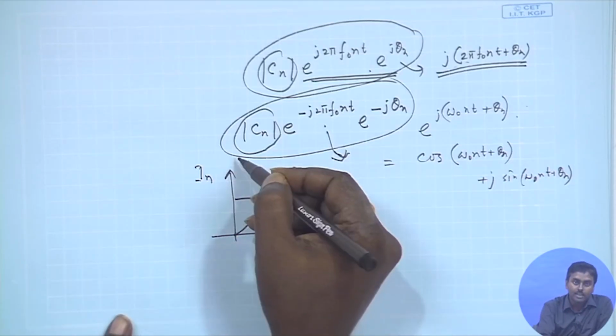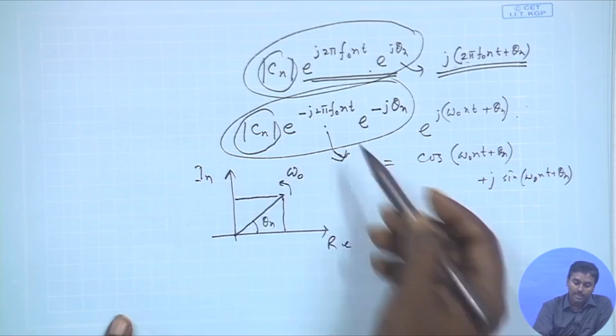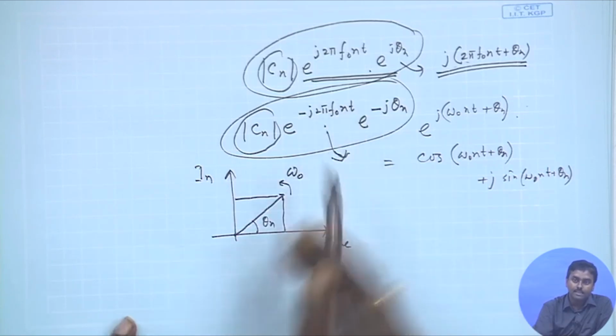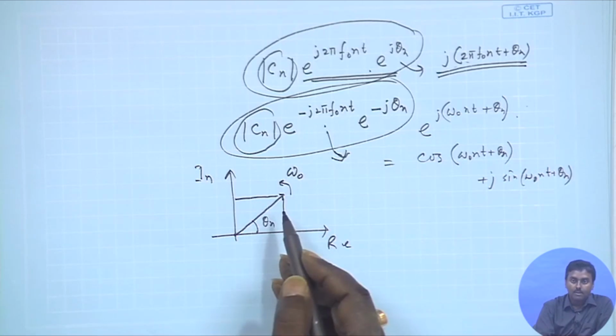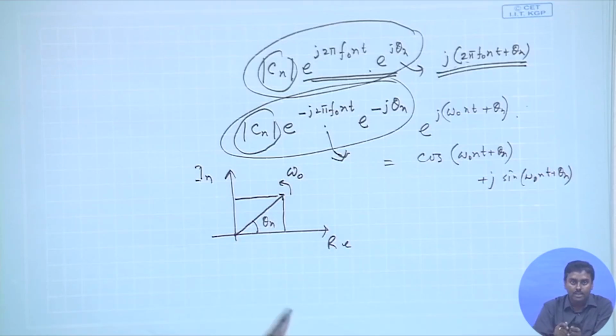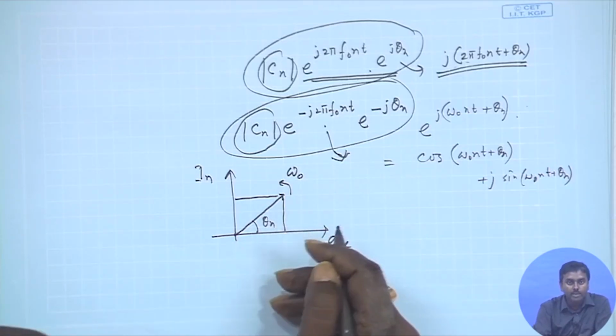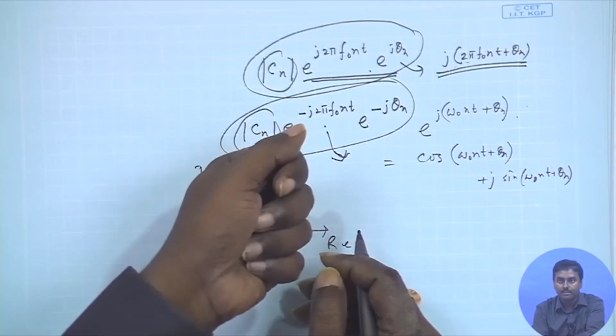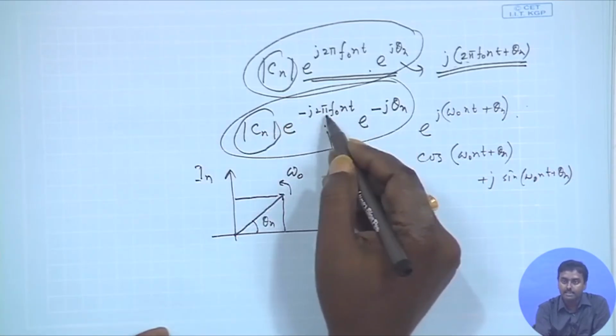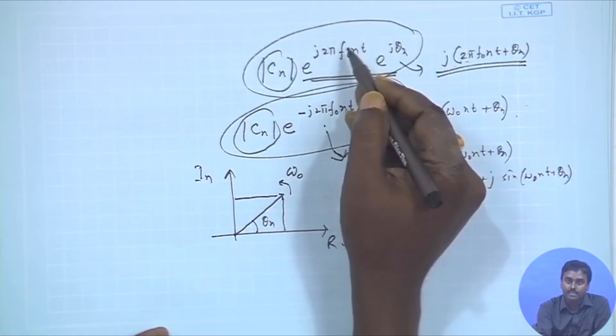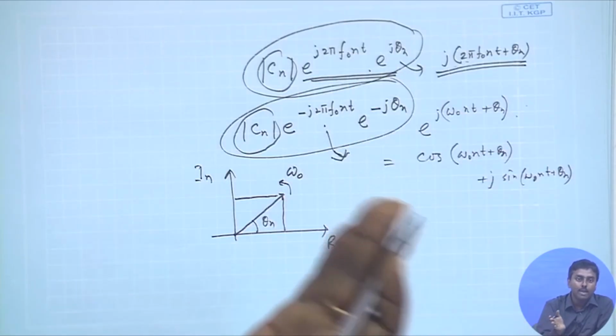So, this one is rotating in the positive direction, and as we increase t, in the cosinusoidal it will first be increasing, whereas here if I increase t, I will see a reduction.